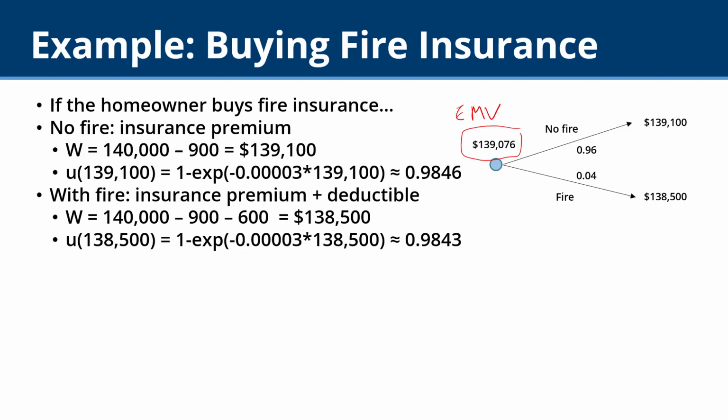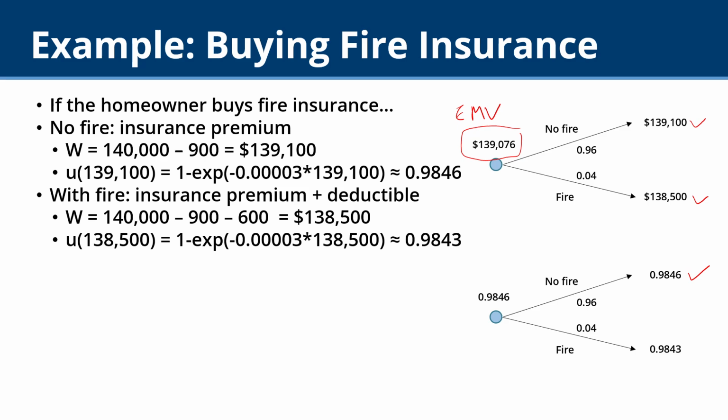Now, on the flip side, if we look at the expected utility perspective, we again have a similar looking chance node in the probability tree, but instead of these monetary values, we have the expected utilities.